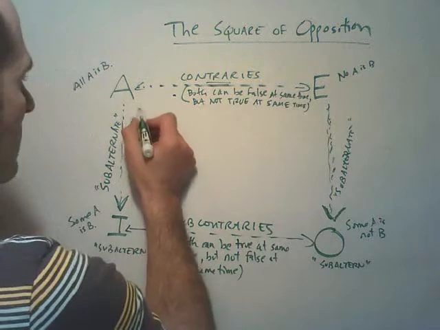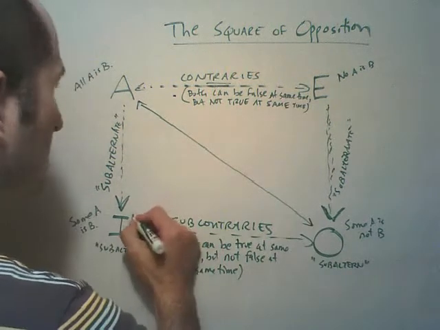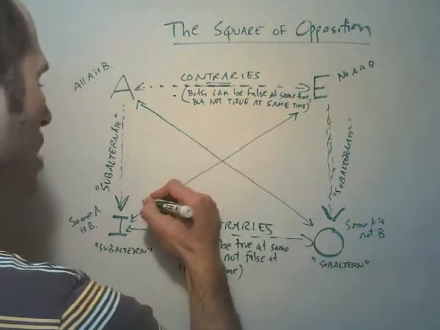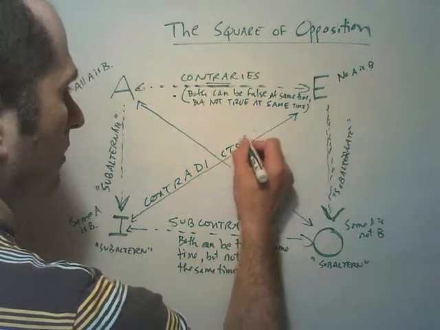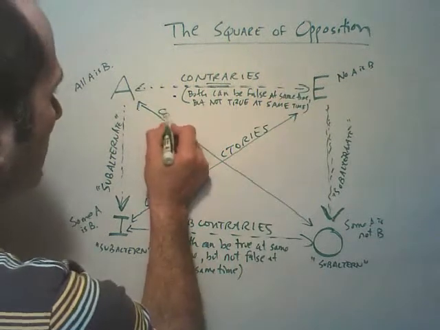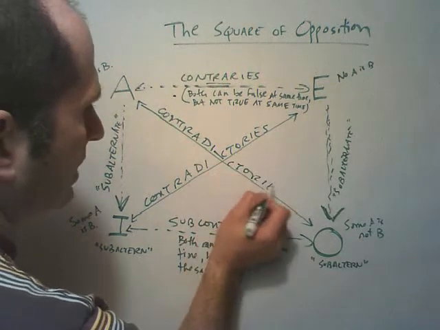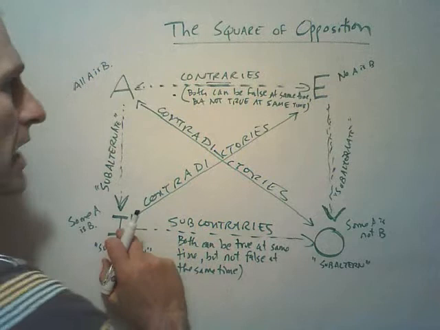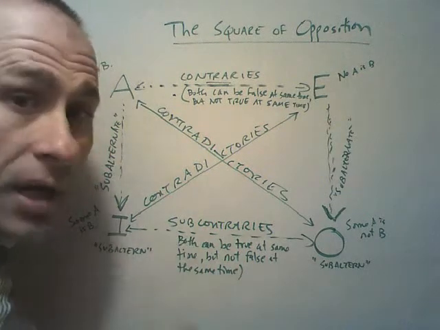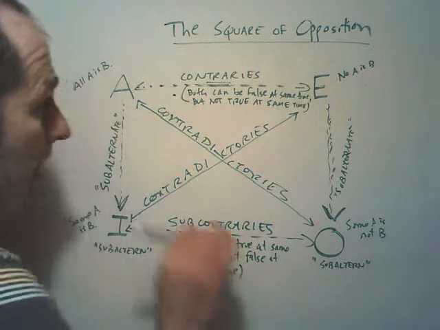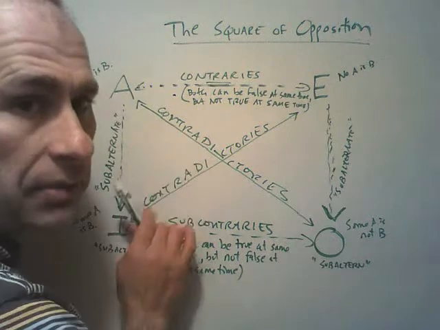Now what about this? The A is related to the O, and the I is related to the E in what's known as contradictories. Contradictories. I is contradictory to E, and A is contradictory to O. The thing about contradictories is that, and this has to be the case, if one has to be true, one has to be false.